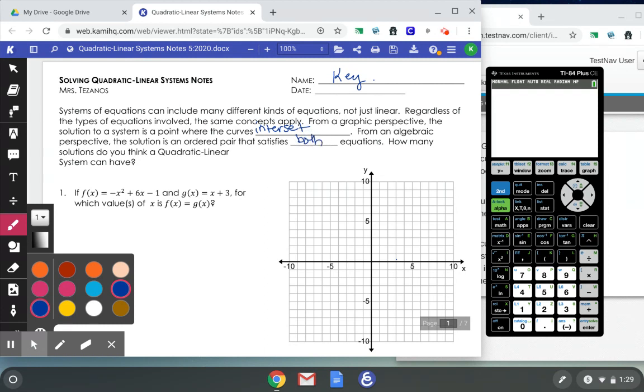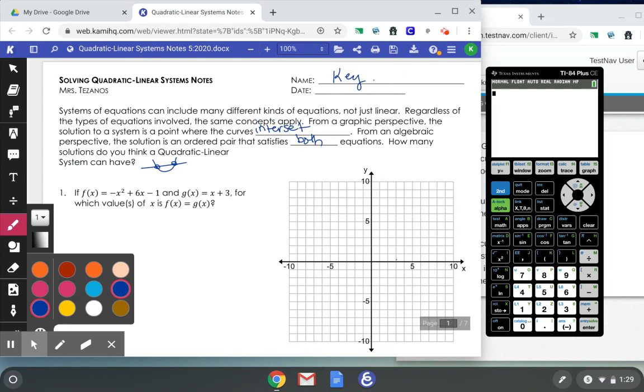How many solutions do you think a quadratic linear system can have? Well, there's a couple different answers to that. Let's say we had a curve that goes like this, and we have a line that goes like this. You could have two solutions because they cross at 2 points.